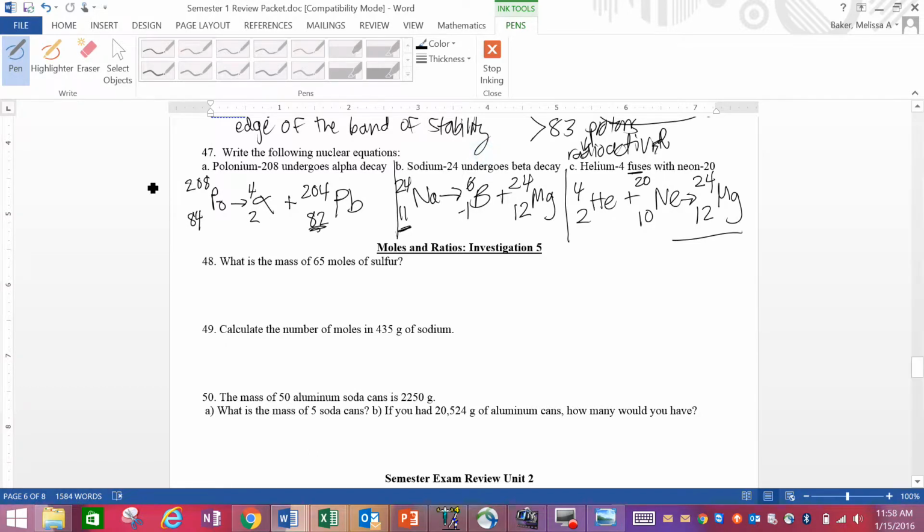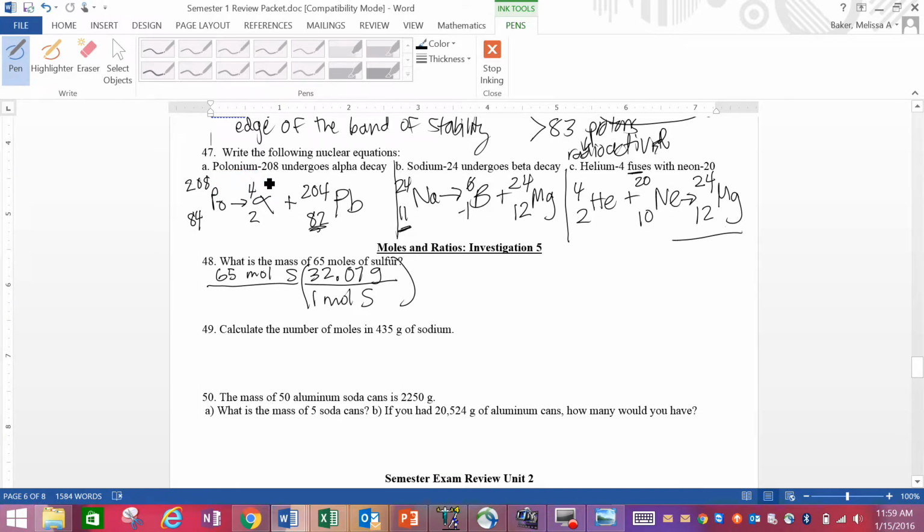So always start by writing what you know. Here you've got 65 moles of sulfur. How much would that amount of moles of sulfur weigh? Well, set it up. You can figure out how much 1 mole of sulfur weighs by looking on the periodic table. 1 mole of sulfur weighs 32.07 grams.